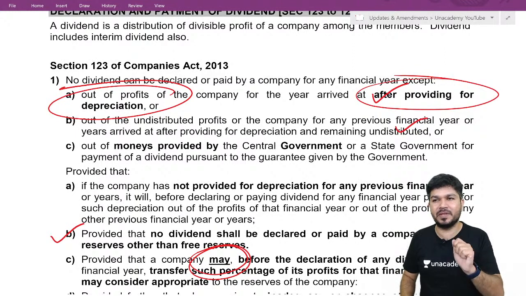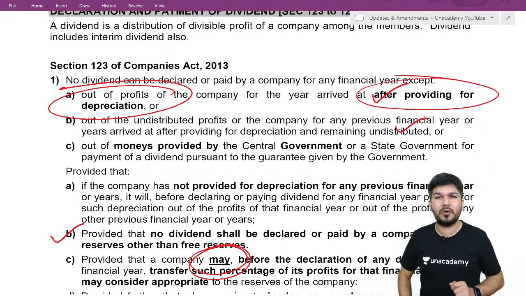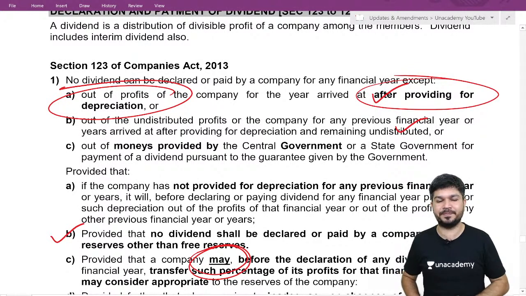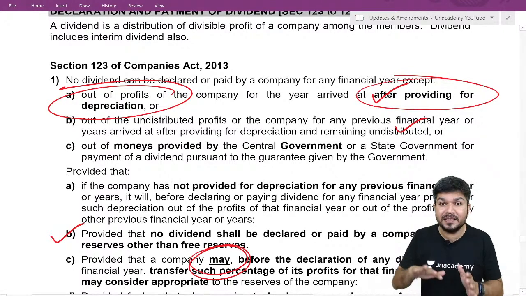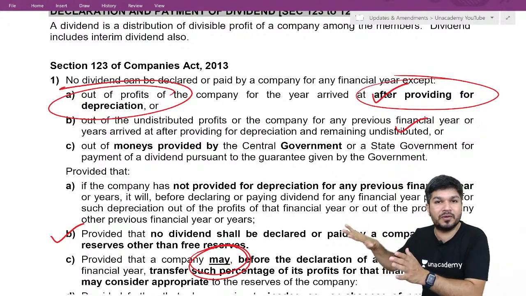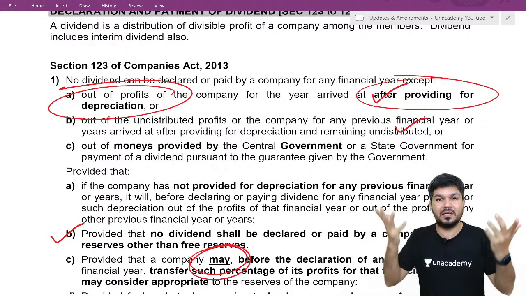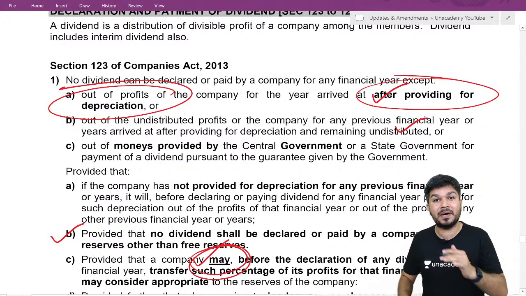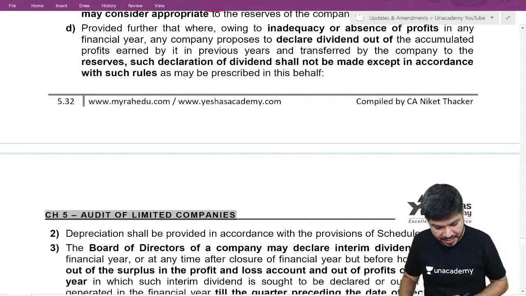For example, in case of a bank, out of your profit, 25% you transfer to a statutory reserve. Say 25% is transferred to a statutory reserve, balance 75% can only be used for declaring dividends. Remember this in banks? Same way, in the Companies Act the word written is may. If some other act requires you, you may do it. Otherwise, it's not required as per the Companies Act.